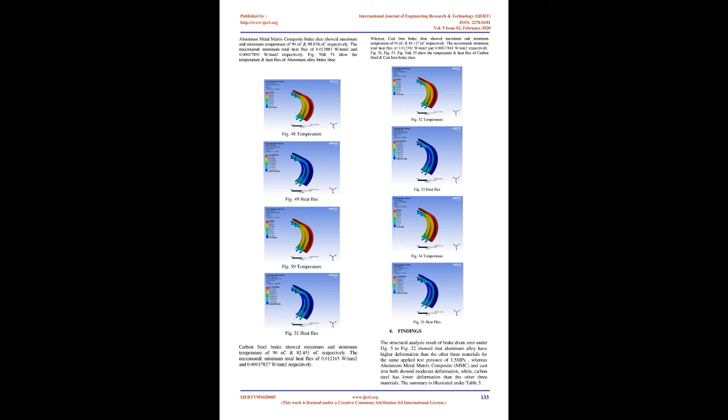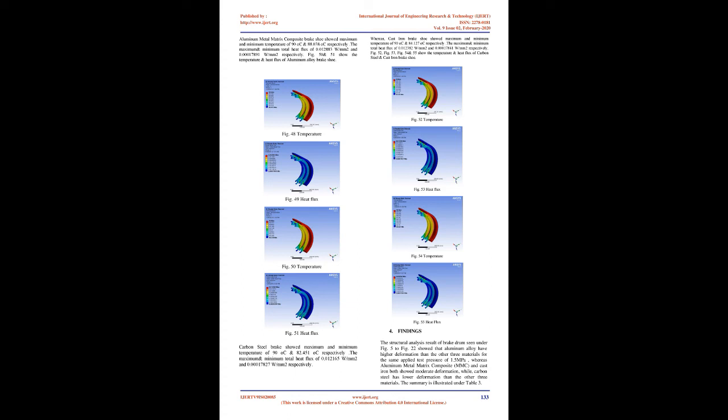Carbon steel brake drum has showed maximum and minimum temperature of 90 °C and 85.591 °C respectively. The maximum and minimum total heat flux of 0.006994 W/mm² and 5.8853E6 W/mm² respectively. Whereas, cast iron brake drum has showed maximum and minimum temperature of 90 °C and 85.591 °C respectively.